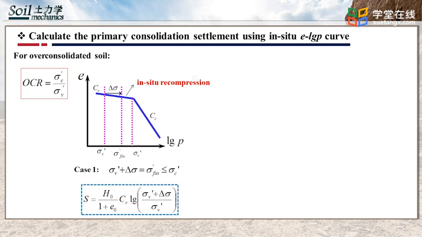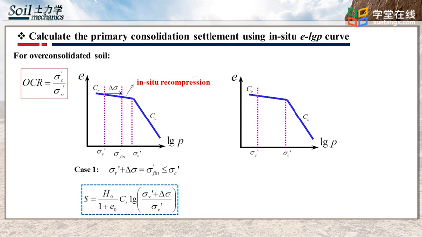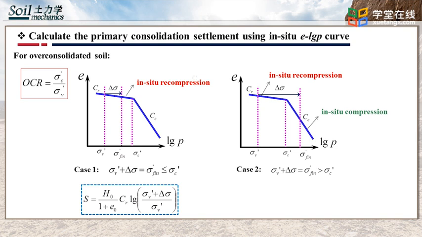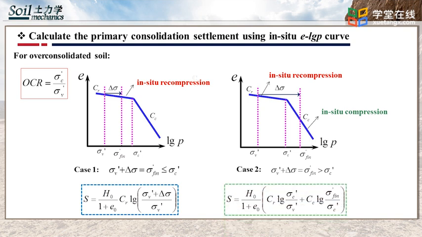The settlement can be calculated in this equation. The other case is that under the stress increase delta sigma, the final effective pressure is greater than the pre-consolidation pressure. Change in void ratio of the soil will occur along both the in situ recompression curve and the in situ compression curve. The total change in void ratio is the summation of the two stages.